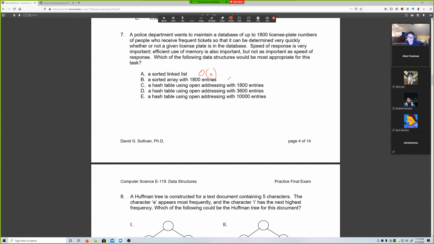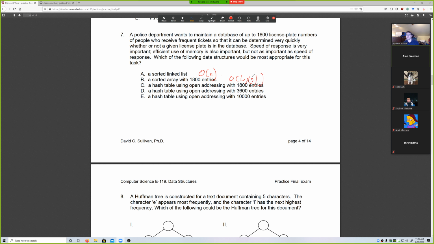That's no bueno. A sorted array with 1,800 entries. So how quickly can we search a sorted array for something? Wouldn't that also be O of n? It's a sorted array, which makes all the difference in the world. Oh, yes, log n. Log n, which lets us use binary search. Right?